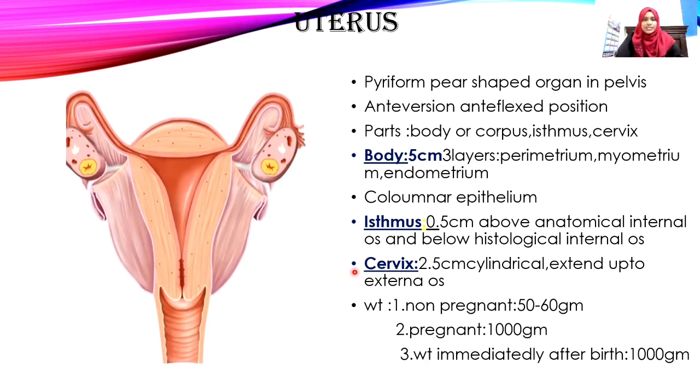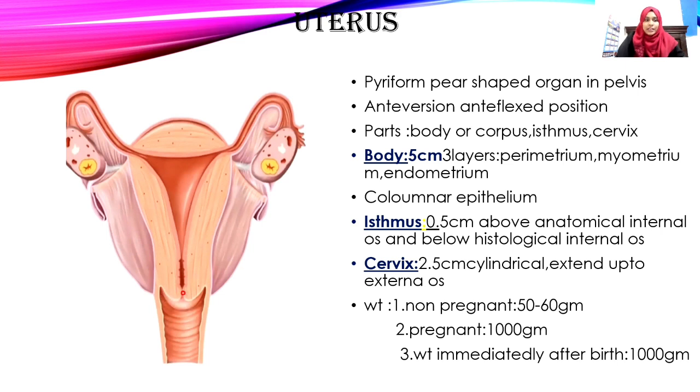Now we will see what is the cervix. So the cervix is the portion that is below this region. See, so this is called the cervix, and it is 2.5 centimeter. It is a cylindrical structure that extends up to the external os. Okay, and the cervix is divided into endocervix and ectocervix.